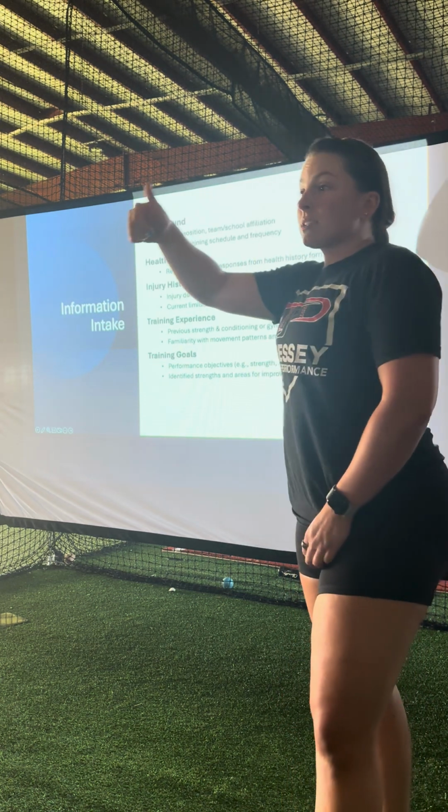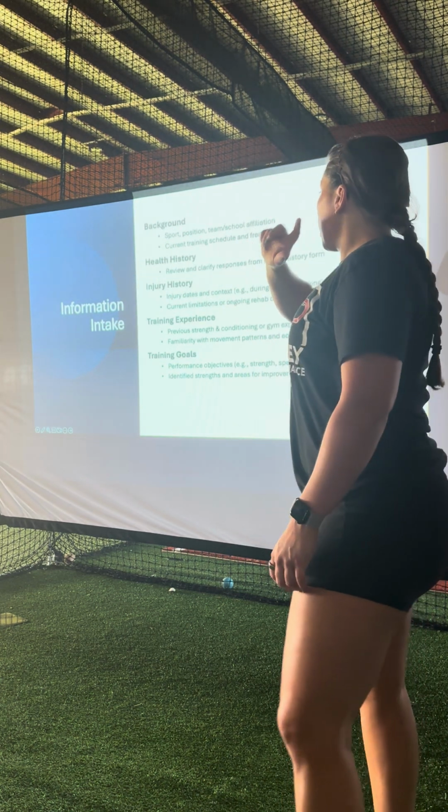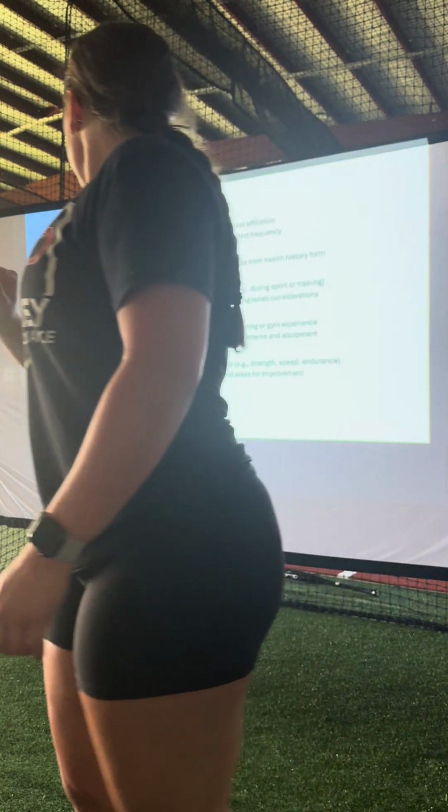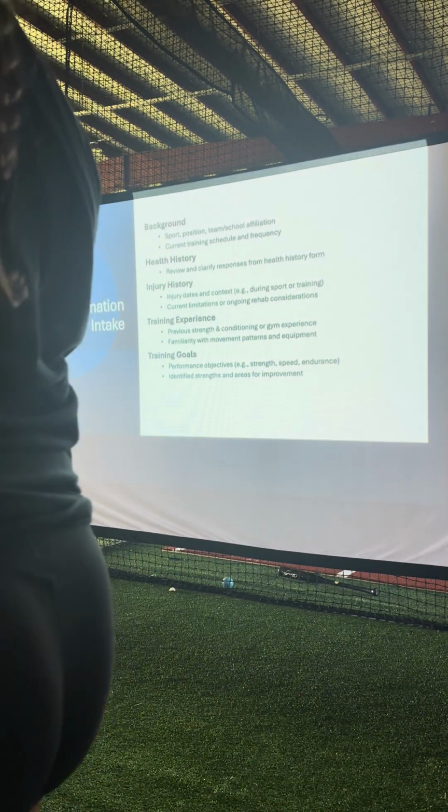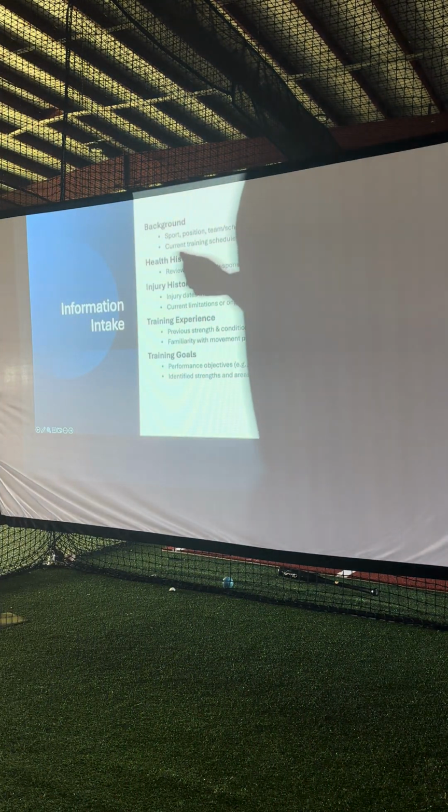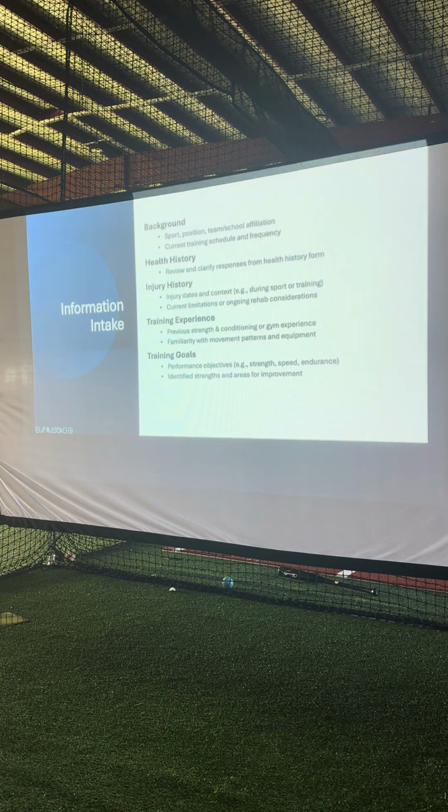We're asking about background, sport, position, teams, current training schedule and frequency. We're gauging what they need. We already review a health history form, we're going over their injury history with them, clarifying anything with them, and then diving into some of our injury history.